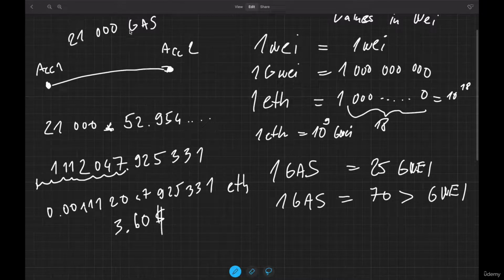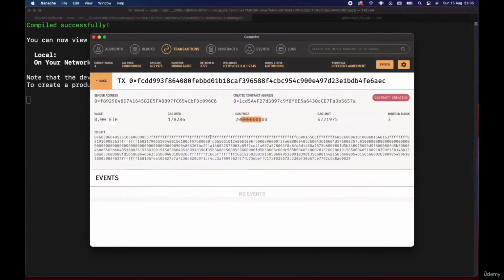So you will set some gas for a transaction and how much you will pay for a unit of gas. In the case of Ganache here, we said that we would like to place the upper limit for the gas. We are paying this amount at the most, and we are paying 20 billion wei, so basically 20 Gwei for each unit of gas.